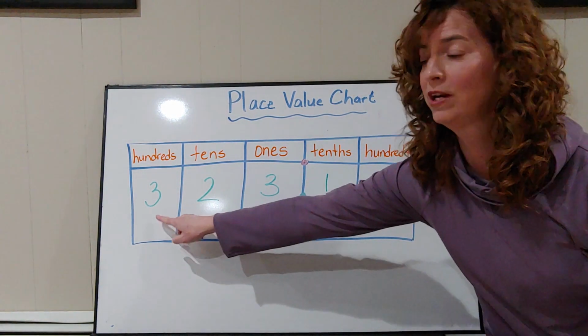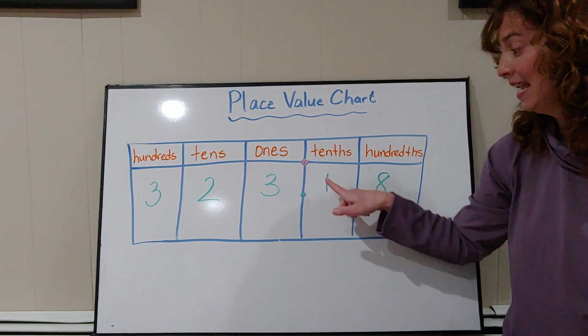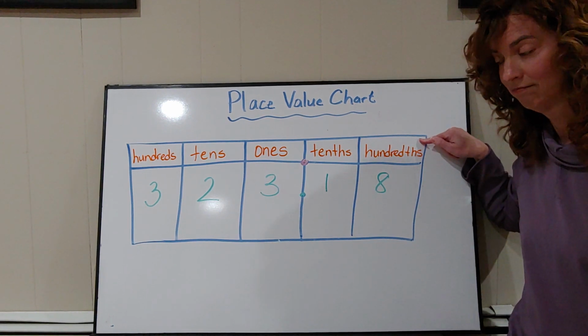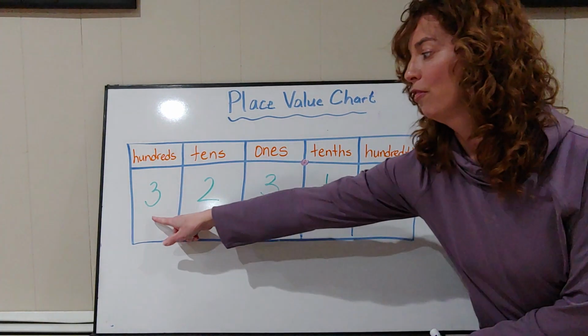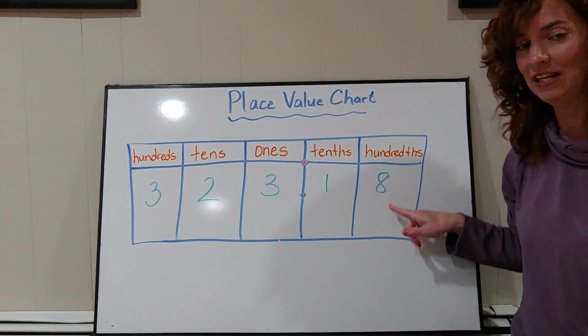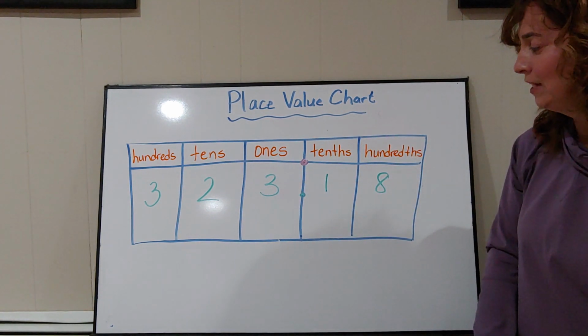So this would be 323 and 18 hundredths. Okay, so we'll say that again. 323 and 18 hundredths.